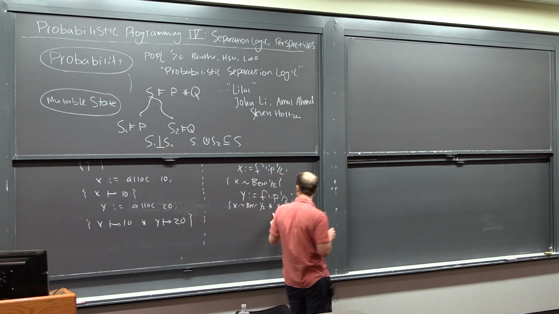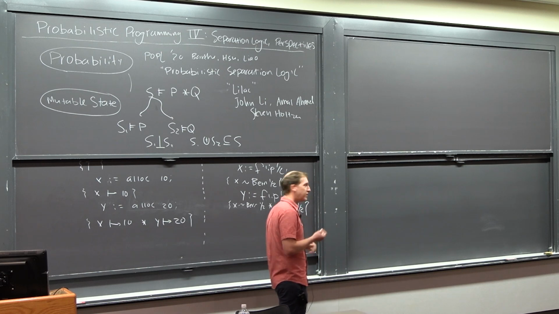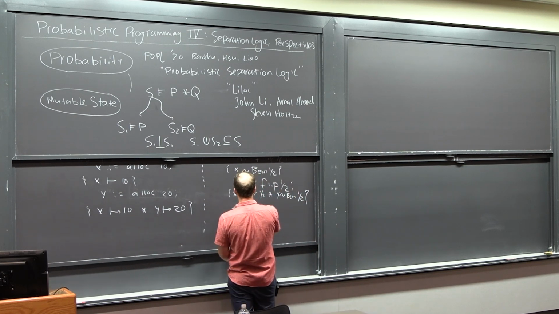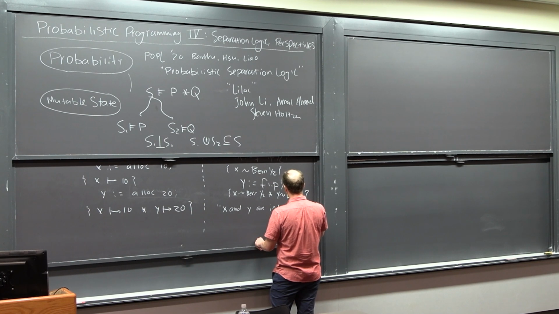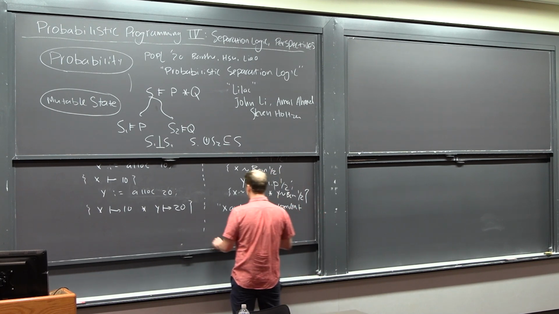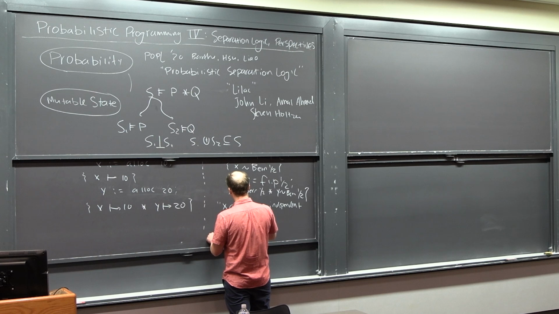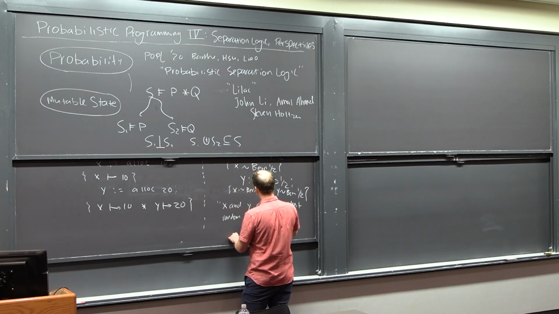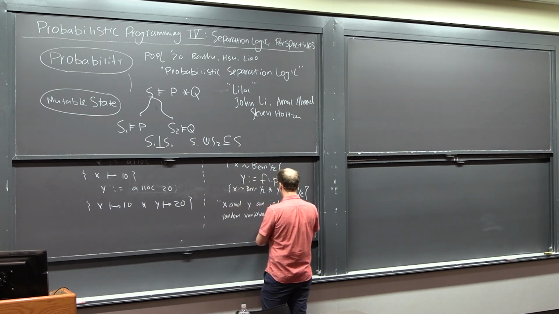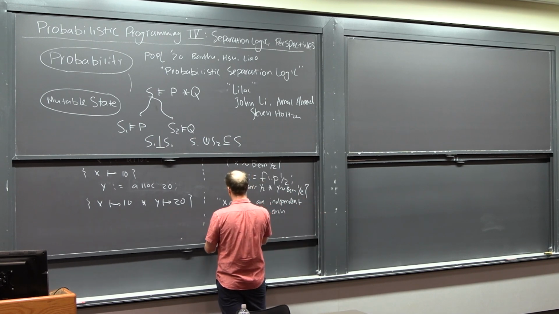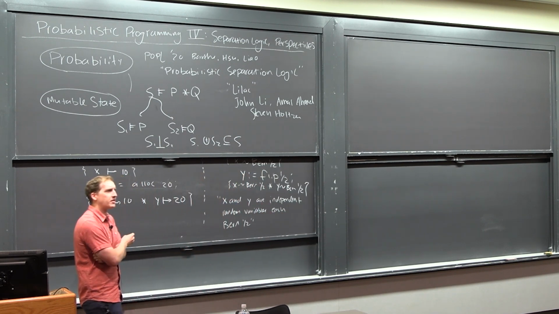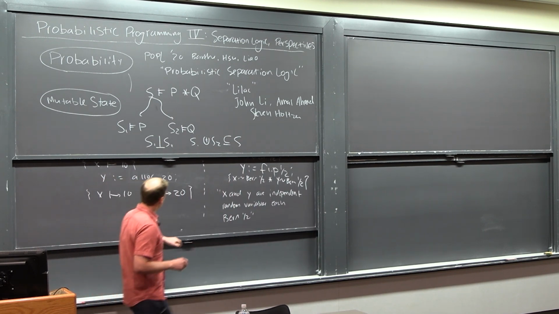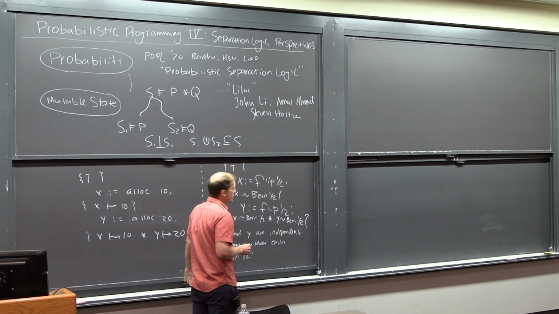And I think that the most intuitive way of interpreting that in a probabilistic context is that you would read this as x and y are independent, meaning statistically independent random variables, each following Bernoulli. So this picture seems nice.